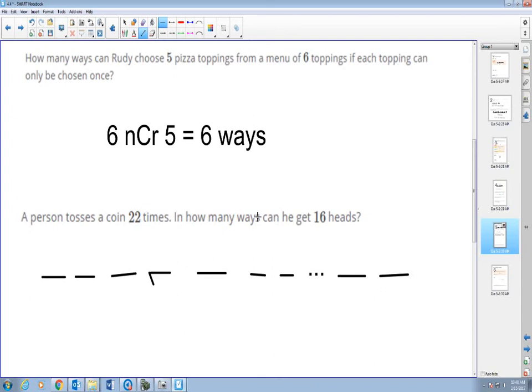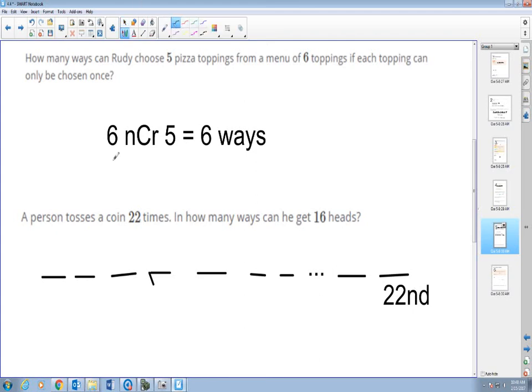All right, so the last one. Okay, so this is a 22. There are 22 tosses of the coin. So this last one is your 22nd toss. All right, so out of all these 22 tosses, there's gonna be 16 heads.